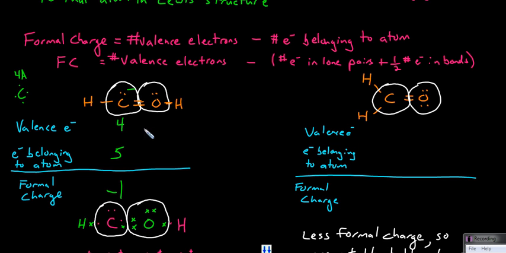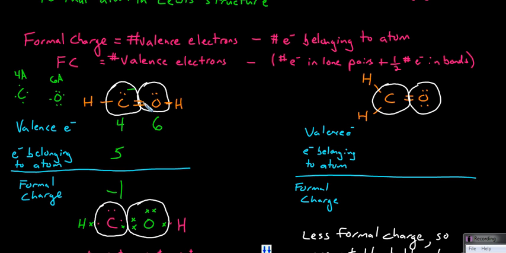What about oxygen? How many electrons are brought to the table from an oxygen? Oxygen is in group 6A. Its Lewis dot structure when it first comes in is the following. You see that it has 6 valence electrons. Oxygen brings 6 valence electrons, yet right now there are only 2 electrons in the lone pair on it, and there are 3 bonds.